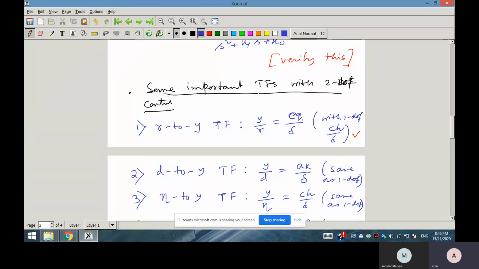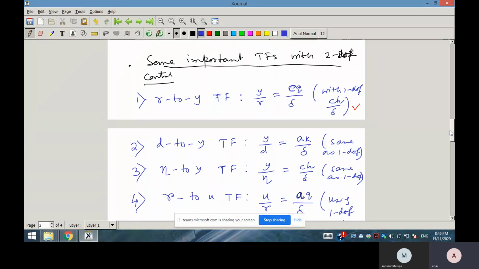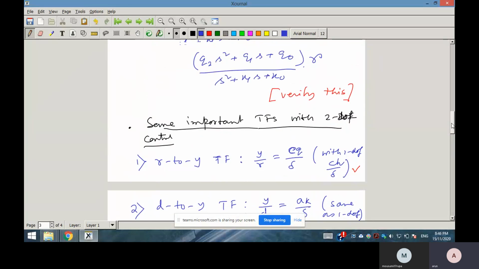The order of Q is M. The order of delta is M plus n, where n is the plant order. So the relative order of TYR is equal to the relative order of the plant, because here all the things are of the same order.